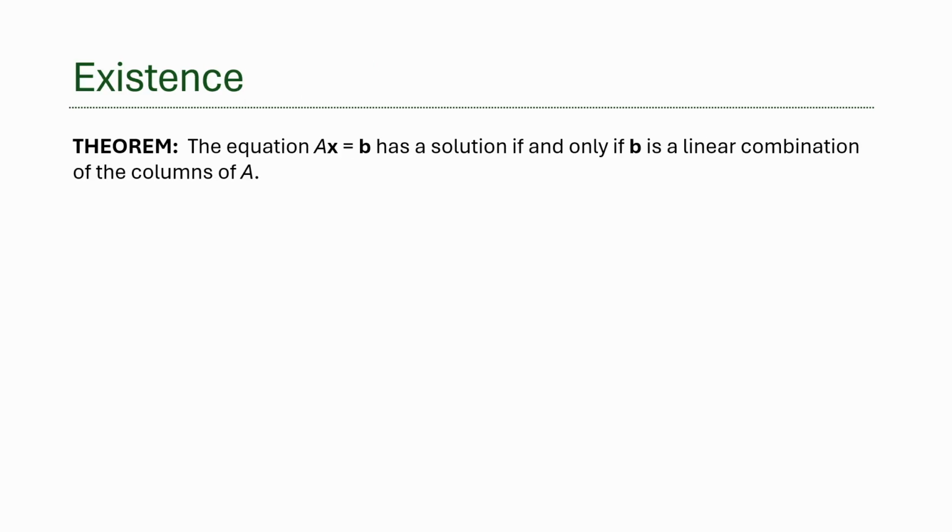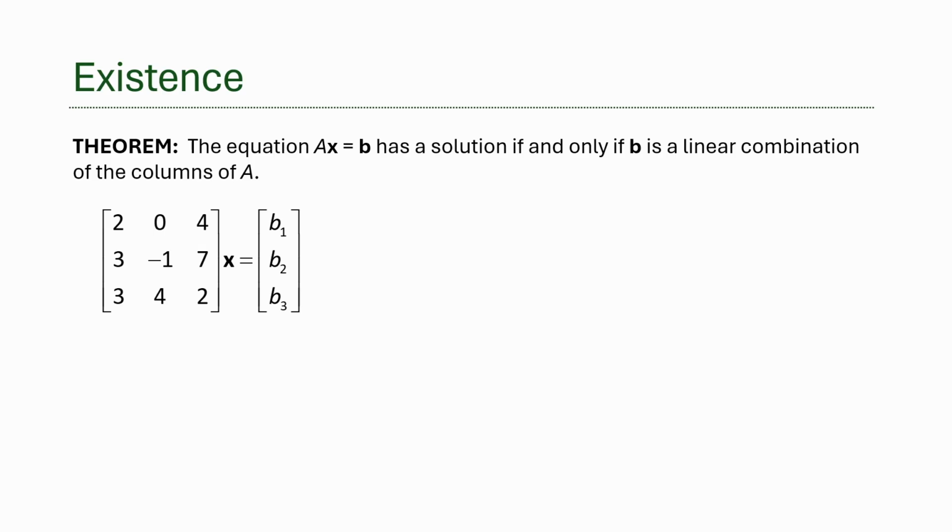And we're going to turn our attention to the question of existence. The equation AX equals B has a solution if and only if B is a linear combination of the columns of A. That's great, but there's a bigger question. Let's say we have an equation like this.